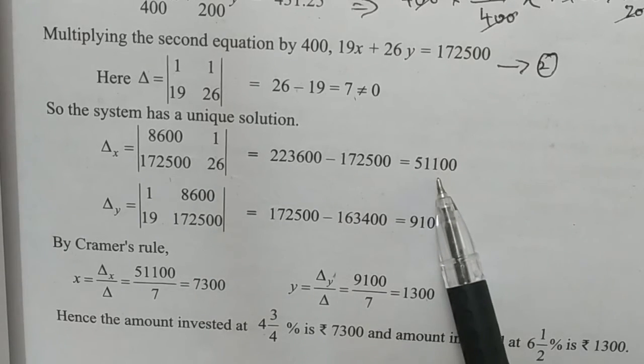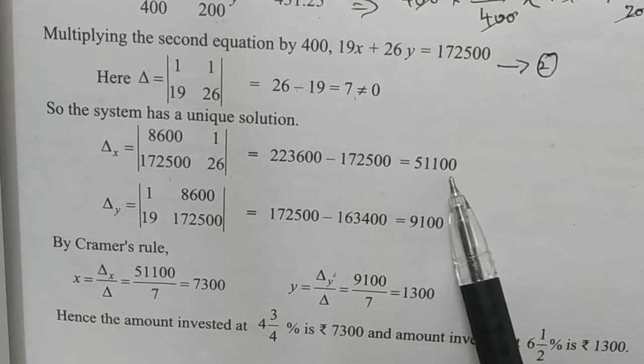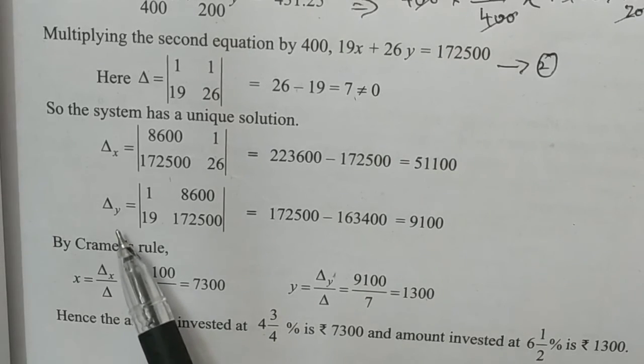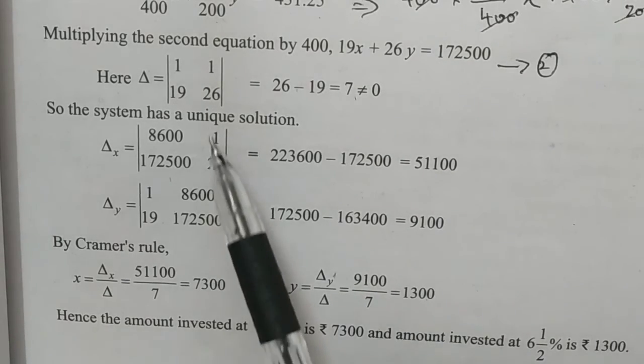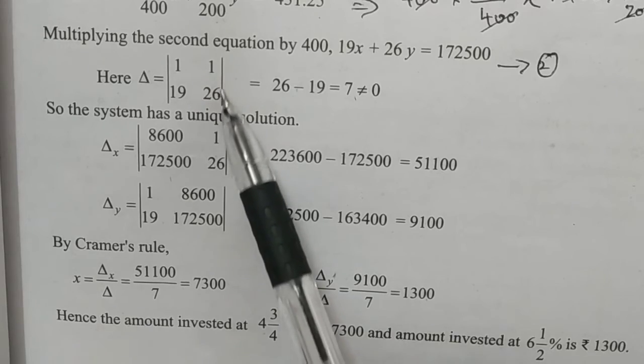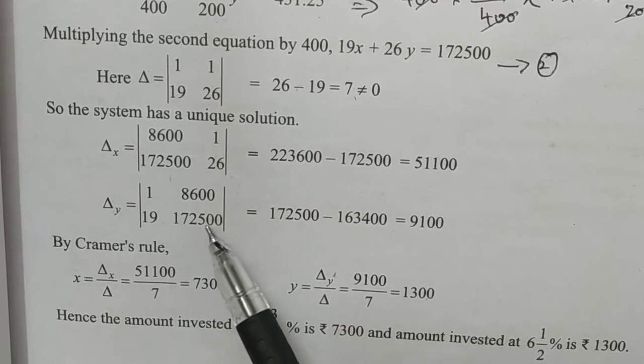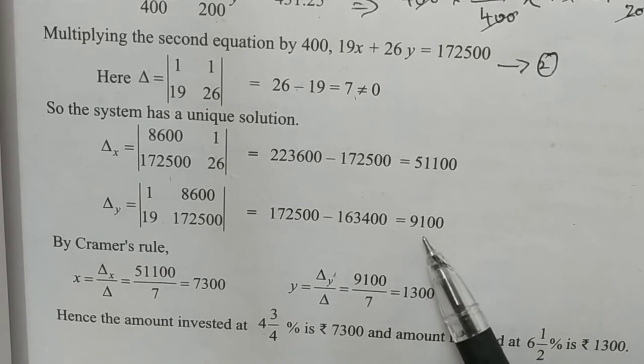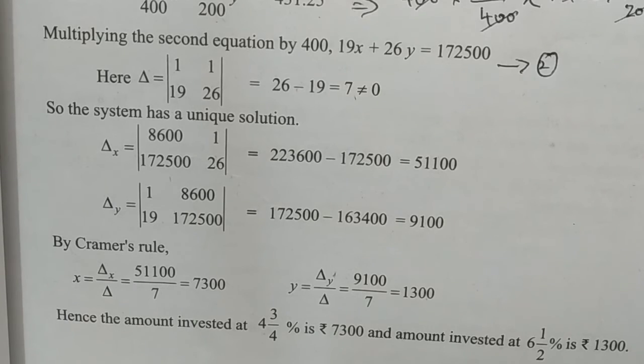We get delta x equal to 51,100. For delta y, in delta replace the second column, and we get 9,100.